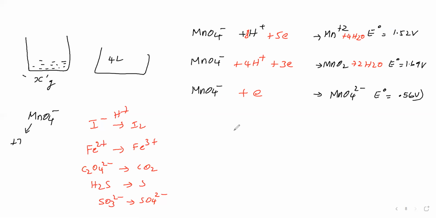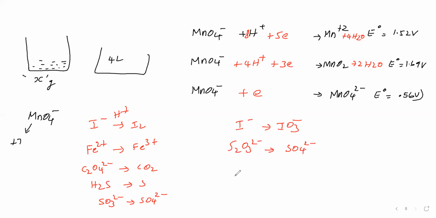Okay, now we will take neutral or weakly basic medium. In neutral or weakly basic medium, I minus is converted into iodate, whereas in acidic medium, I minus is converted into iodine. Thiosulfate S2O3 2 minus is converted into sulfate.